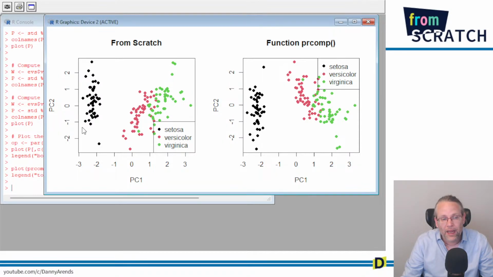But the main difference between these plants, like 75% of the difference in these measurements, is just captured in the first principal component, and it allows us to distinguish setosas from the other 2 species very clearly. We can see that the virginica on the first axis has slightly higher values than the versicolor, but they are not separating out of each other.